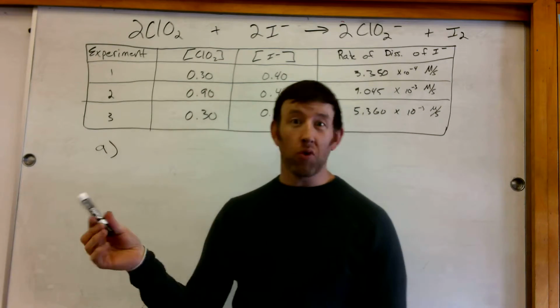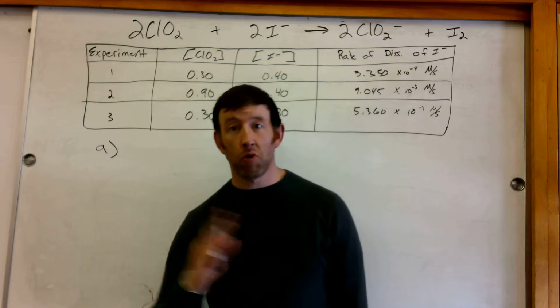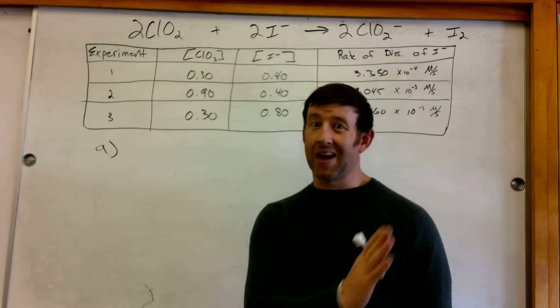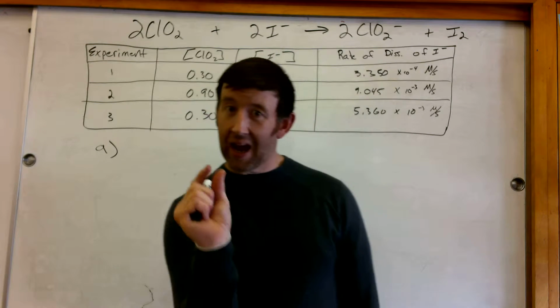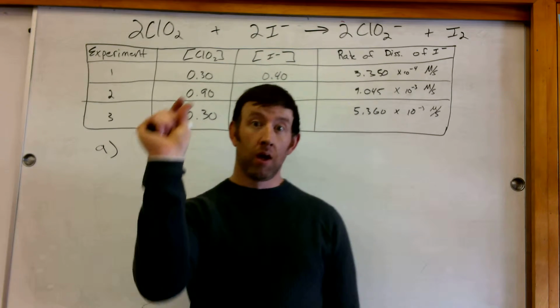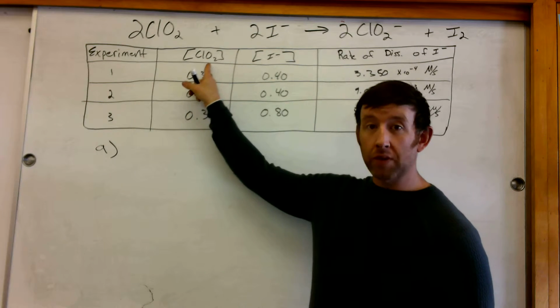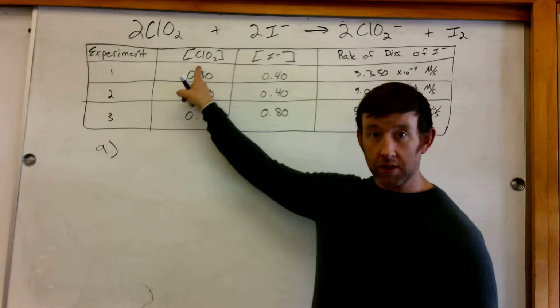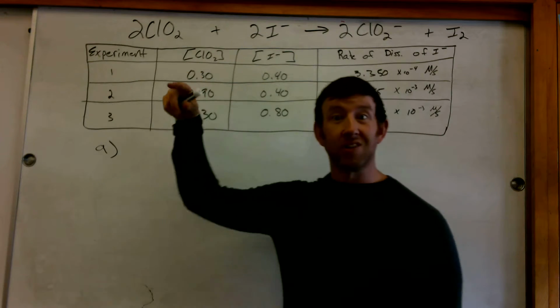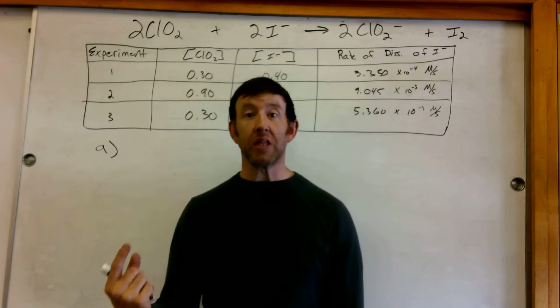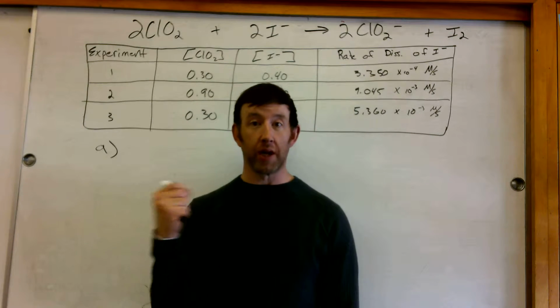It's an important rule in science: whenever we're doing multiple experiments, we should really only change one thing at a time, because that allows us to dial in exactly how that one variable affects the outcome. In this case, the variable I'm concerned with is the concentration of chlorine dioxide, so I need to identify two experiments where the only thing changing is chlorine dioxide.